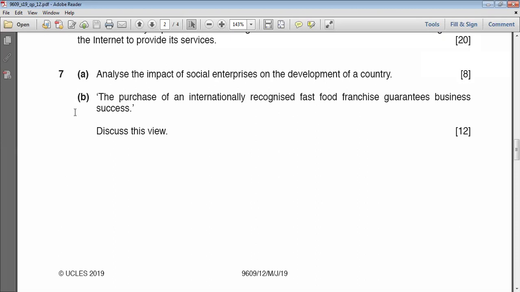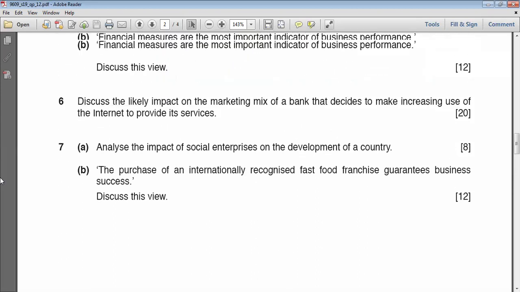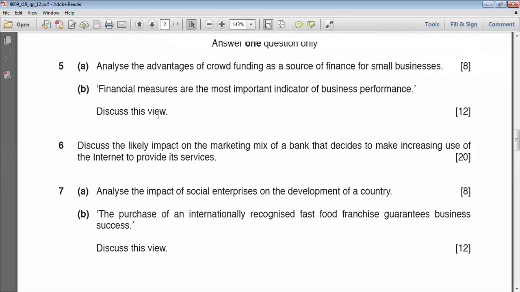So that will be the strategy or the method. If you pay attention, part A and part B, or questions 5A and 5B, are heading towards the same topic.